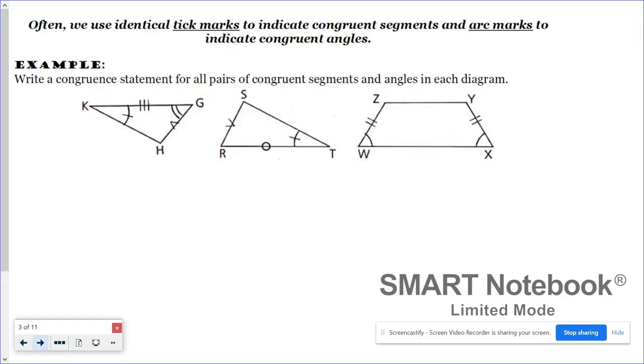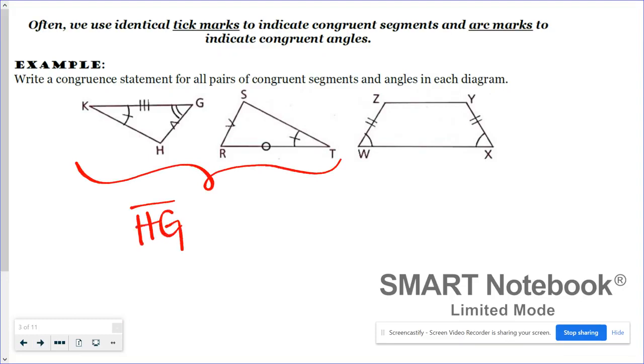But speaking of congruences, one way that they can tell us these things are congruent is to use tick marks or arc marks to show us segments and angles are congruent. In the first two diagrams right here, I'm seeing identical markings indicating that segment HG is congruent to segment RS.